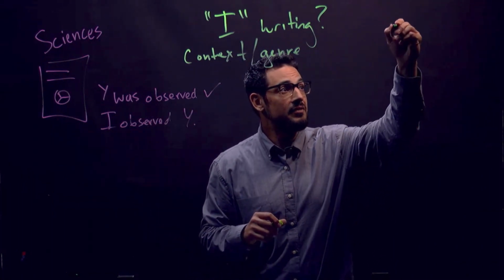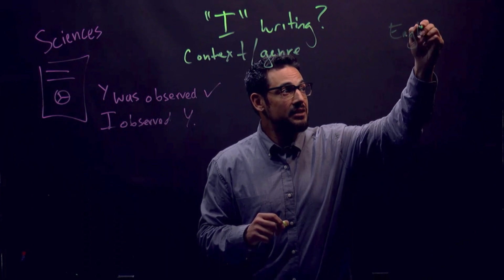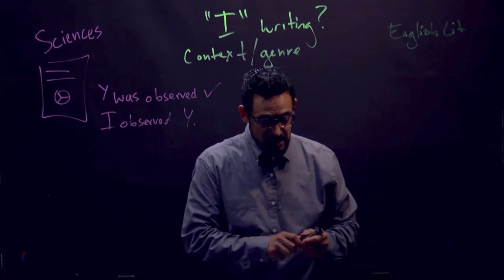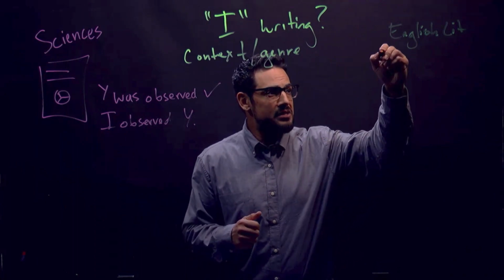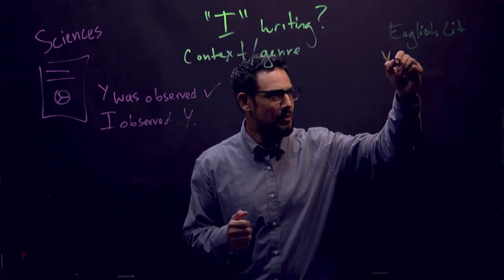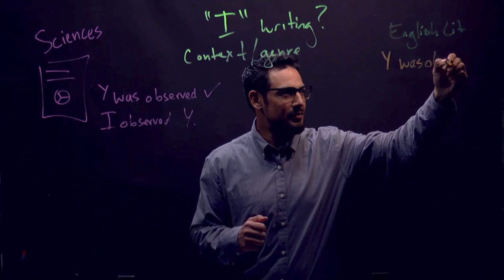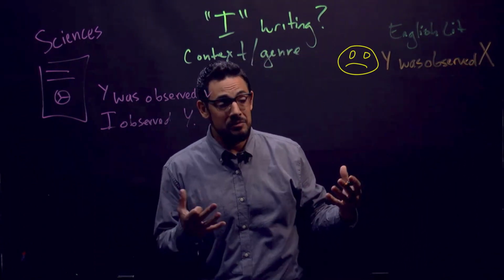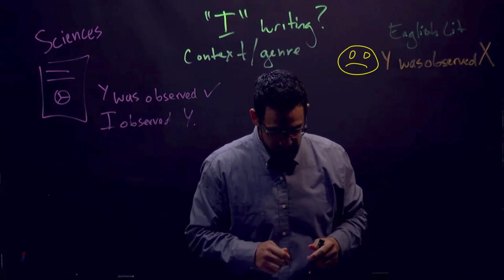Similarly, even in places like English classes, English literature, there will be cases where if you put something like "Y was observed," you are going to hear a big groan from some faculty.